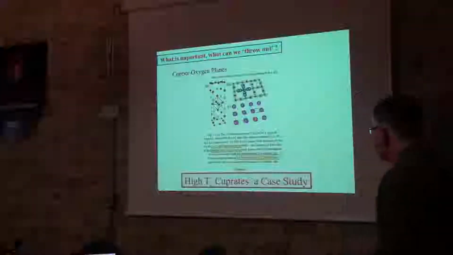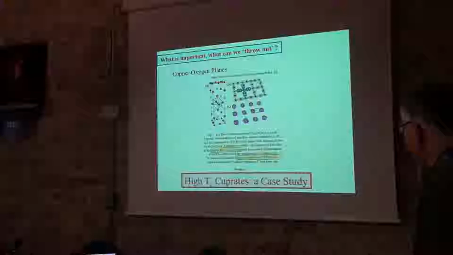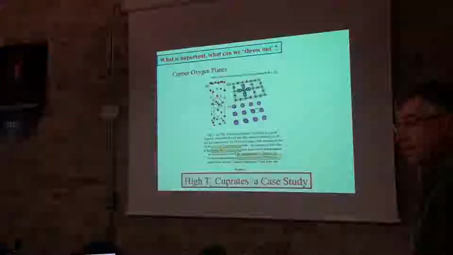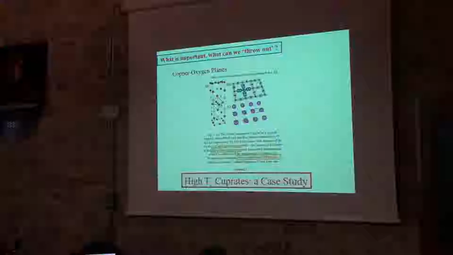Okay, so let's go right to the cuprates, and there's this important process that occurs often at the beginning of every new discovery when theorists start to look at things, of reducing something that's very, very complicated. This is the structure of one of the perovskites, down to something less complicated, and eventually to even less complicated.